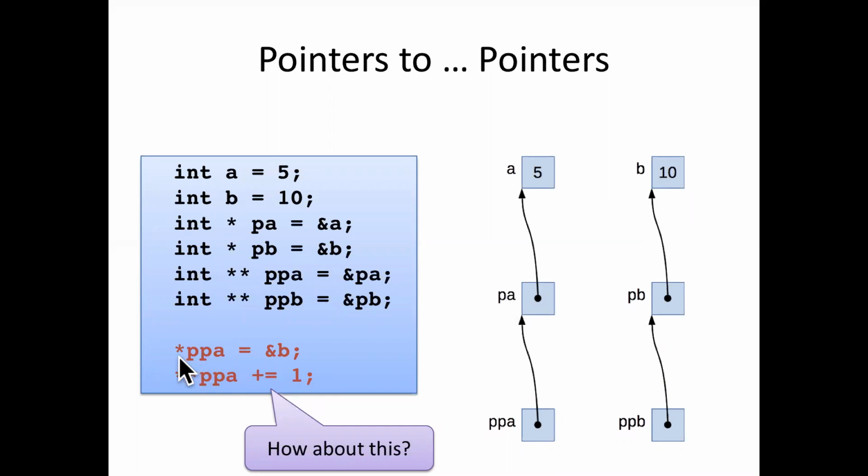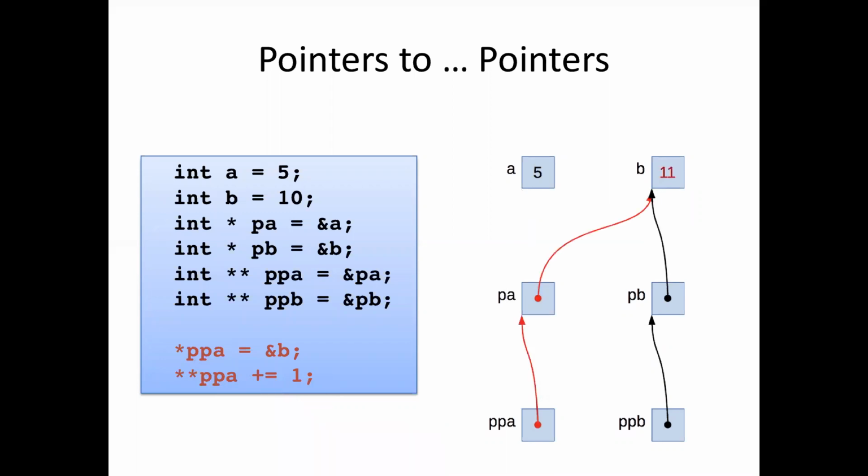That's sort of what you can read the star as. It's the dereference operator for pointers. So it says take whatever PPA points to. That's, well, PPA points to this PA pointer, and assign that to the address of B. So that, I'll skip ahead to the next slide. That makes this PA pointer point to B.